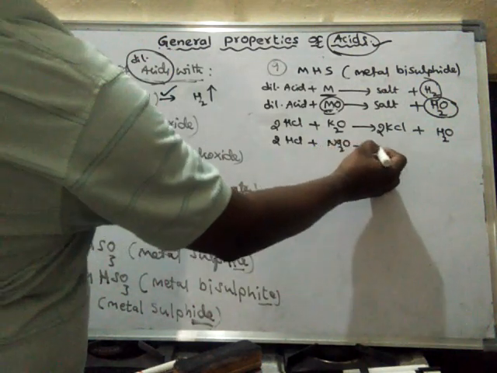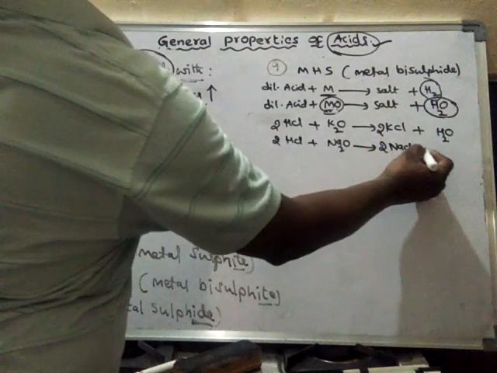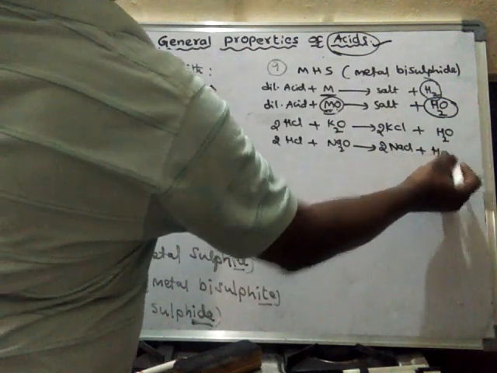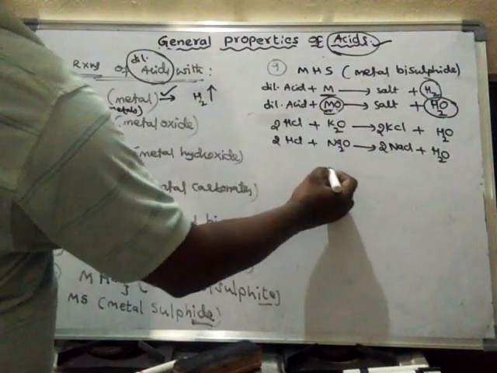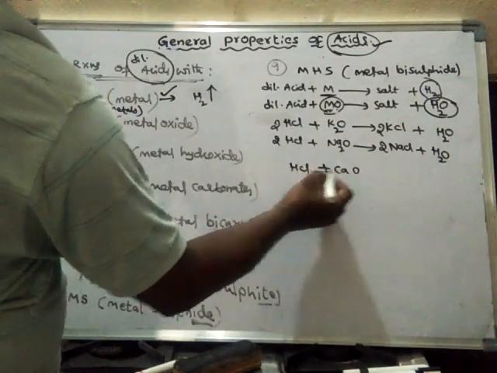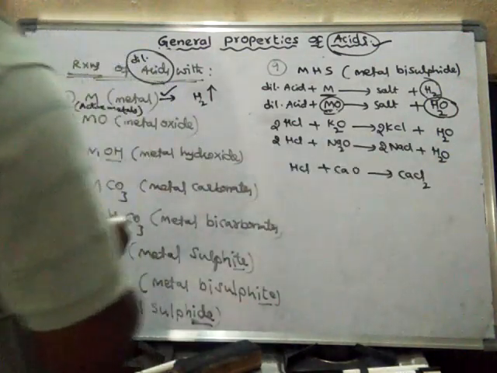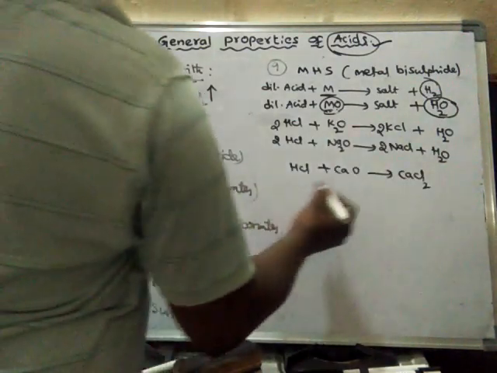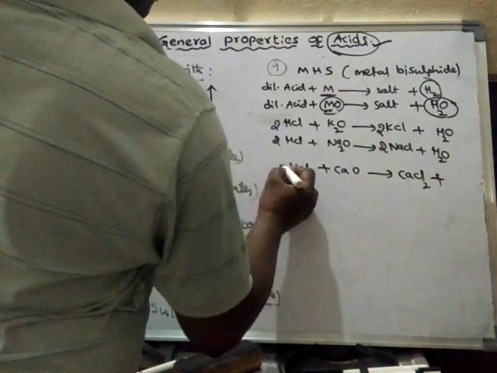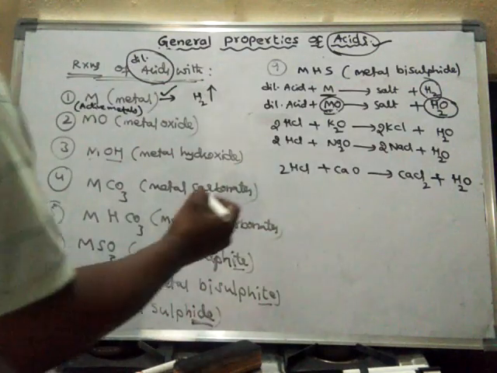Take sodium oxide, it forms NaCl plus H2O. Take calcium oxide, it forms calcium chloride and H2O. Like this.